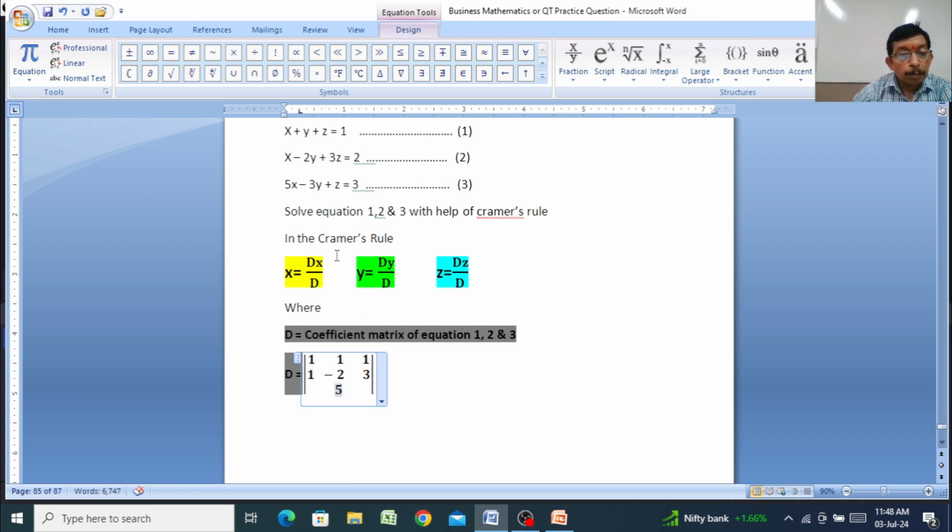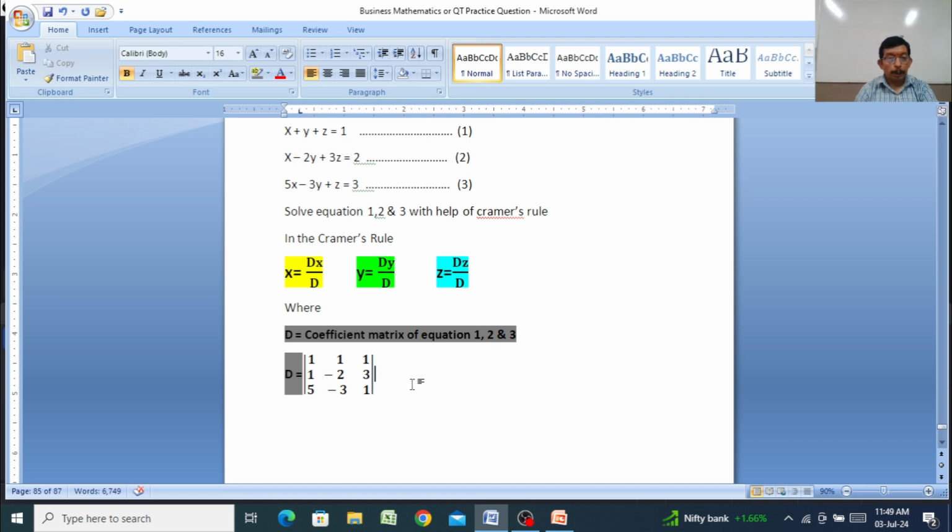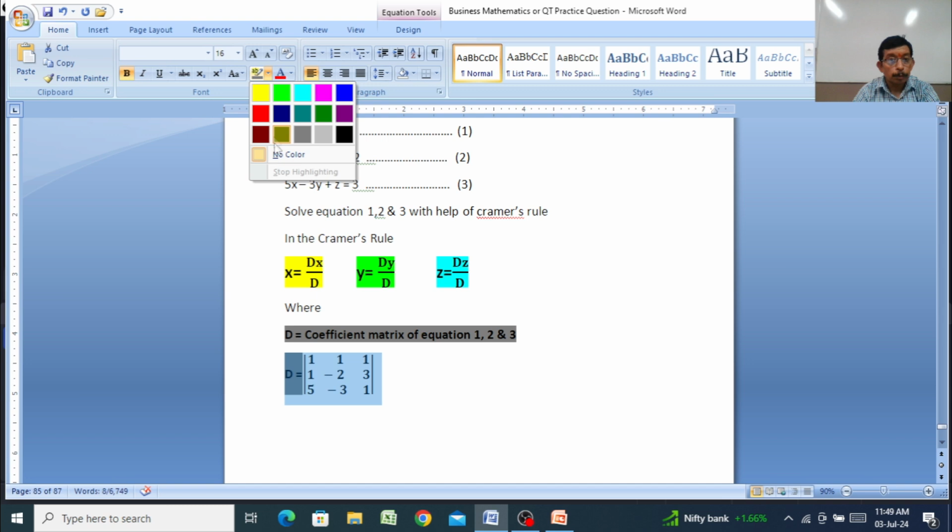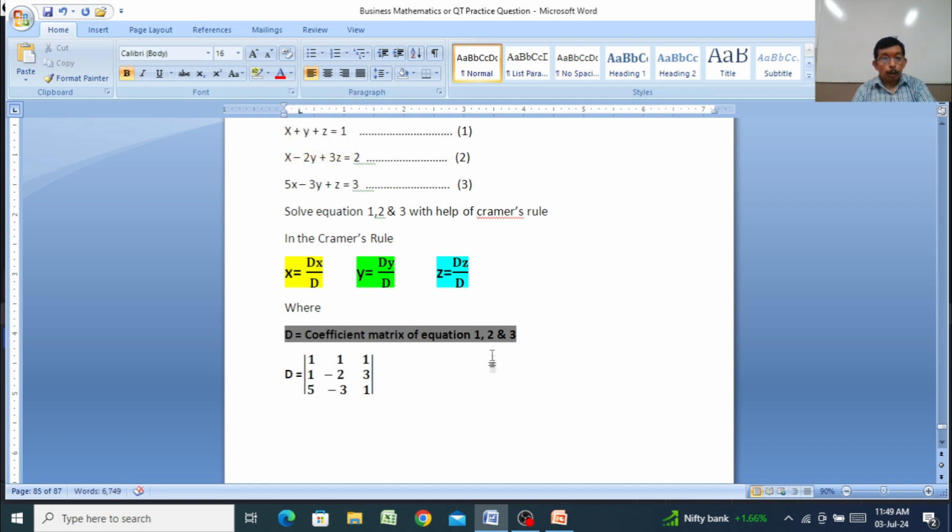The coefficient of y is -3. Then the coefficient of z is 1, note down 1. This is the value of d. Now simplify.